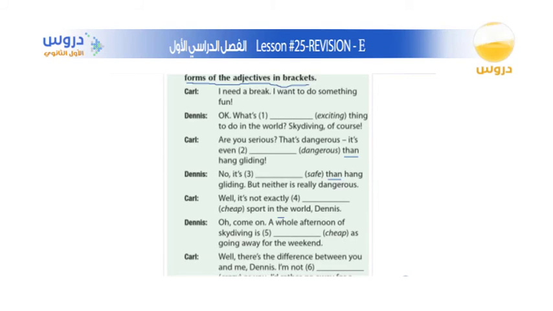Yes? Sorry for that. I think I lost service. Yes, that's perfect. So, how can you do the fifth blank and the sixth blank? Oh, come on. A whole afternoon skydiving is cheap as going away for the weekend. As cheap as.